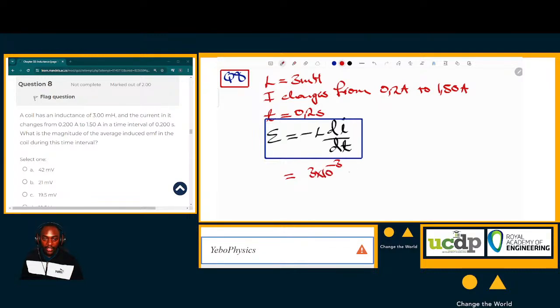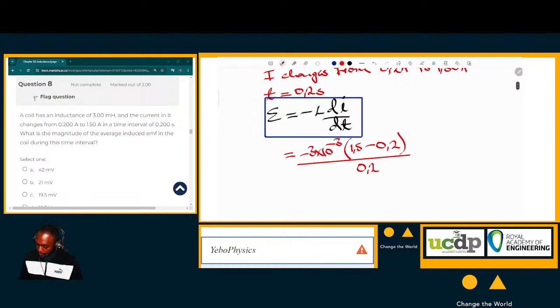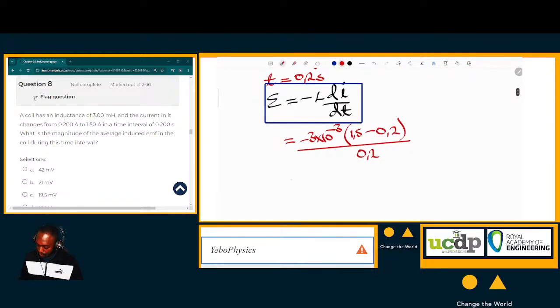Then the change in current will be from 0.2 to 1.5. So that will be 1.5 minus 0.2 all over the change in time, which is 0.2. So you've got your negative from there, and then you can punch this and see what you get.